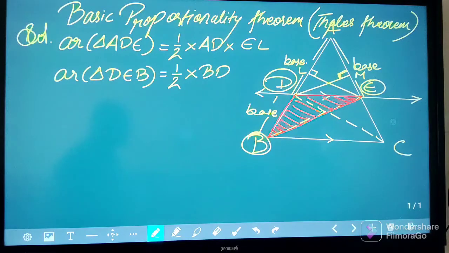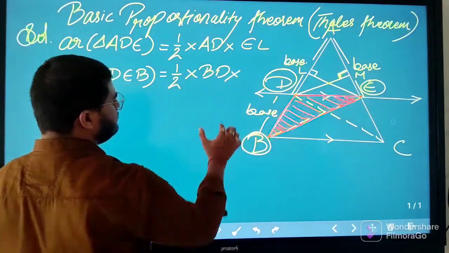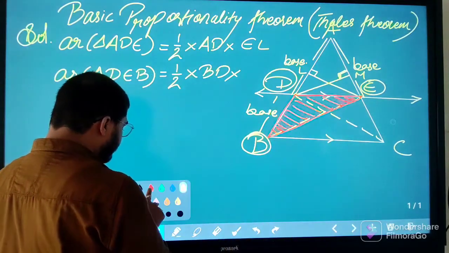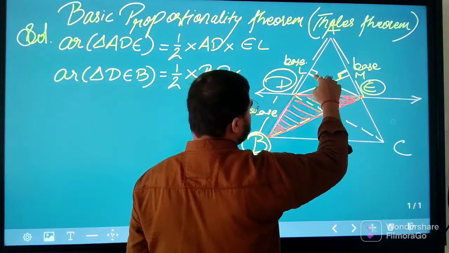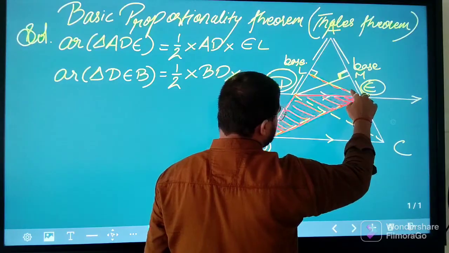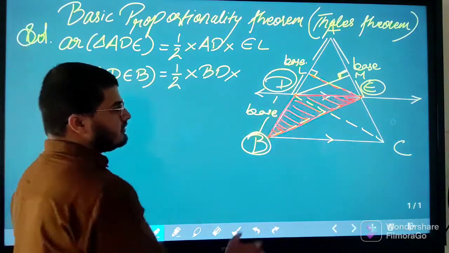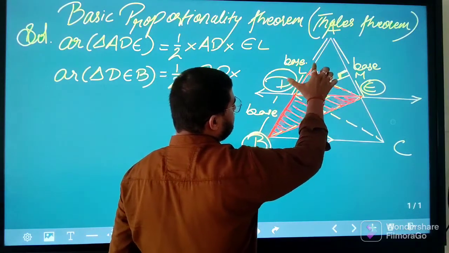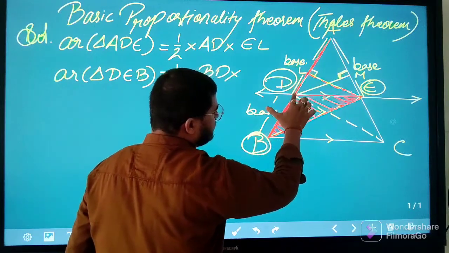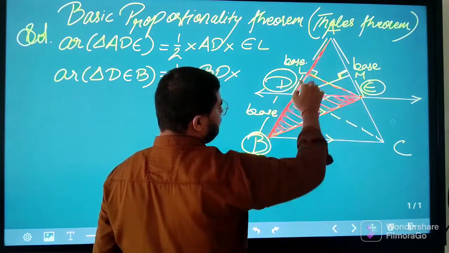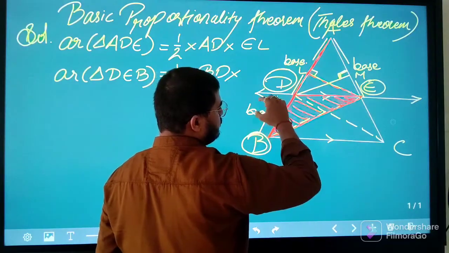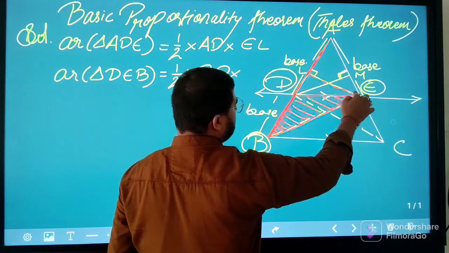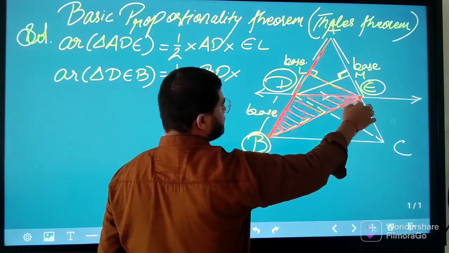BD is acting as base multiplied by height. So what will be the height of this triangle? The height of this triangle will be no other than EL, because the base of both the triangles is the same if we produce it. So the point which is opposite to them, that is E, a perpendicular line from it is going to be the height.